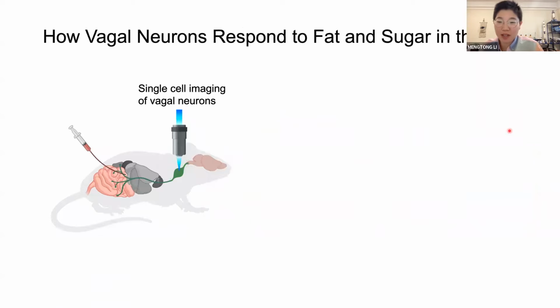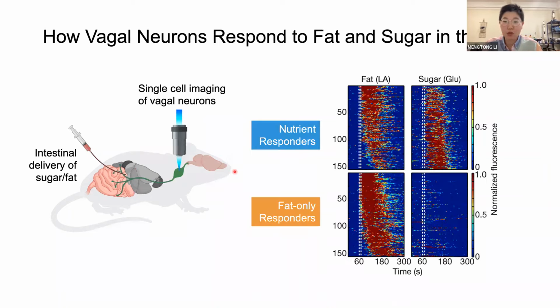As I showed previously, intestinal application of glucose can also activate a subset of vagal neurons. Therefore, we want to know how vagal sensory neurons encode these two nutrient signals, fat and sugar. We alternately administered 10 seconds of glucose and 10 seconds of fat into the gut three times. As the heat map shows, we identified two distinct groups of vagal neurons.